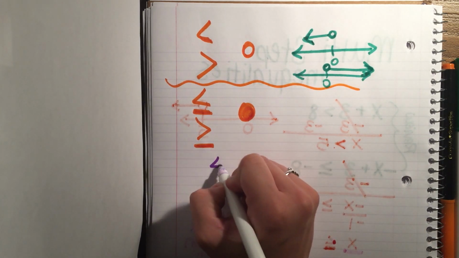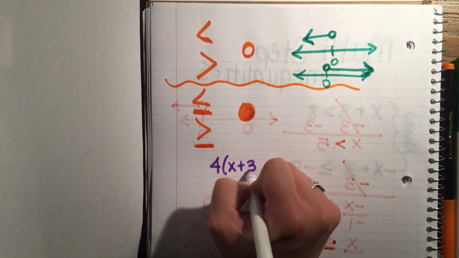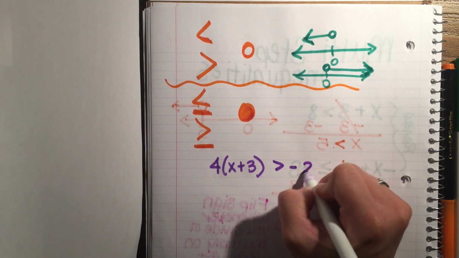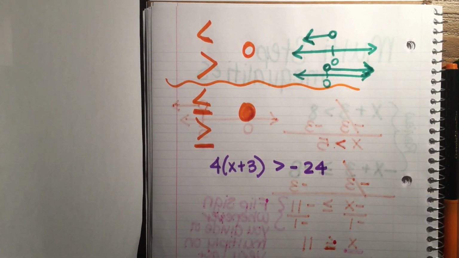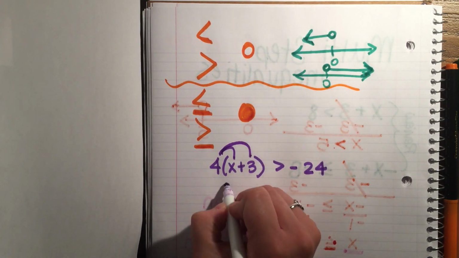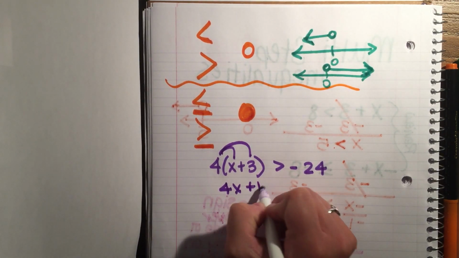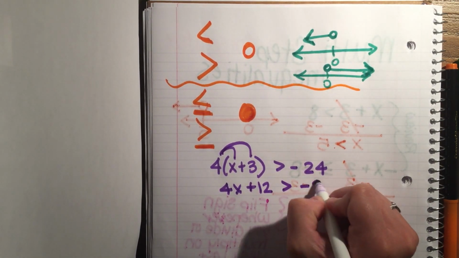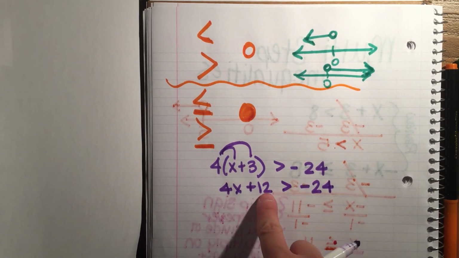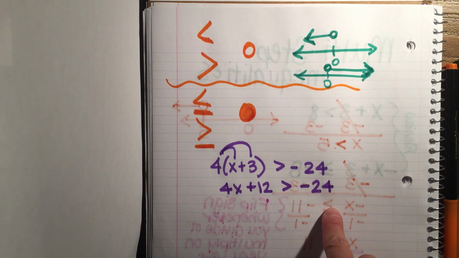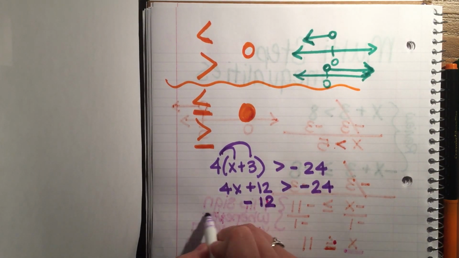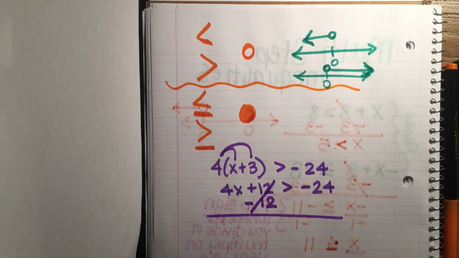We have a problem. 4(x plus 3) is greater than negative 24. Our first step is to distribute as always. So 4x plus 12 is greater than negative 24. As you can see, we need to move this number so that it's on this side with this number. Let's combine those. We're going to subtract 12 over here so that this disappears.